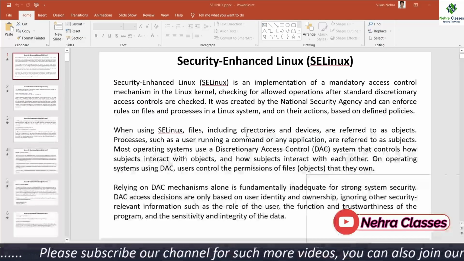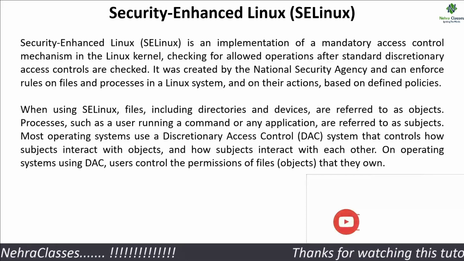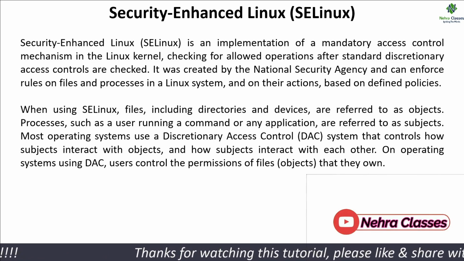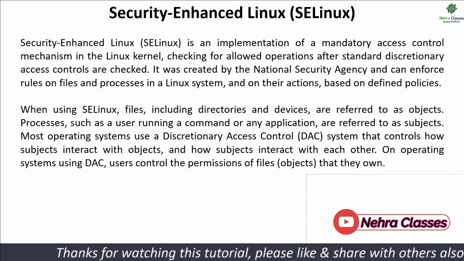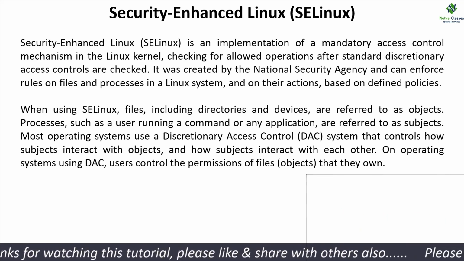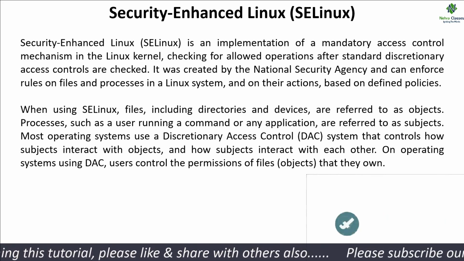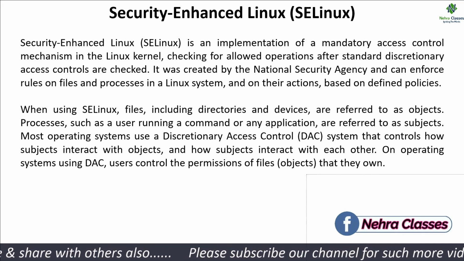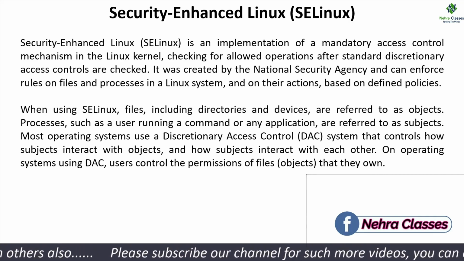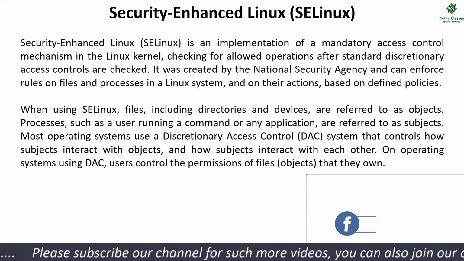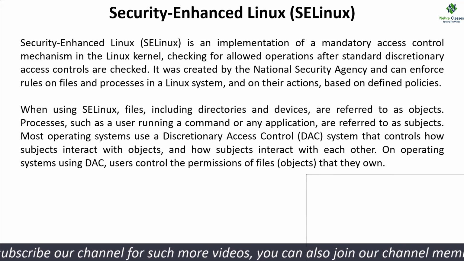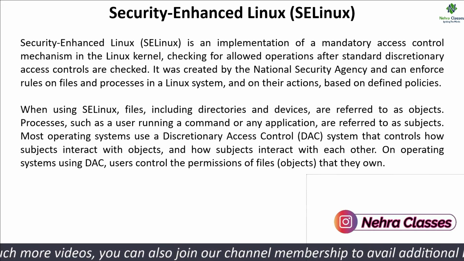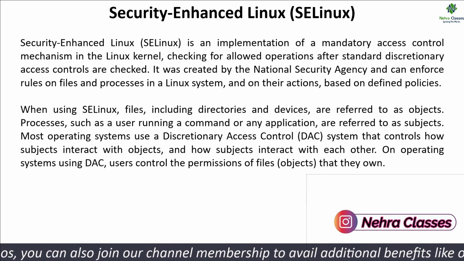Let's proceed further. When using SE Linux, files, including directories and devices, are referred to as objects. Processes, such as a user running a command or any application, are referred to as subjects. Most operating systems use a discretionary access control system that controls how a subject interacts with objects and how a subject interacts with others.